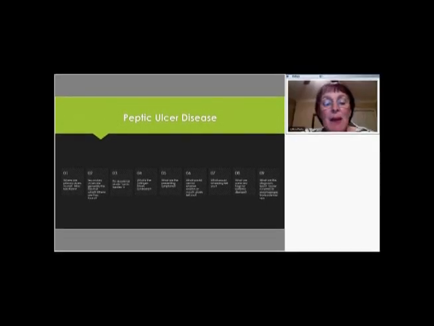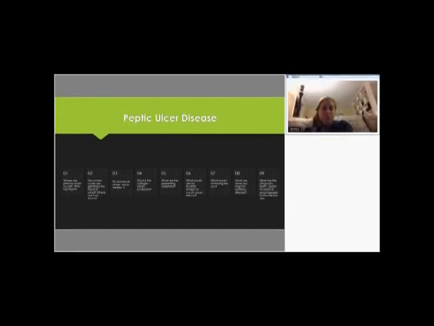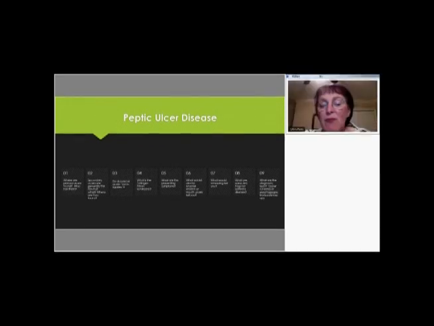If they had mouth ulcers, it would probably be more from like peptic ulcer disease. What would wheezing tell you? Why would somebody with a GI problem have wheezing? They're aspirating. They're aspirating, right. They have GERD and it's coming up and getting into their lungs.